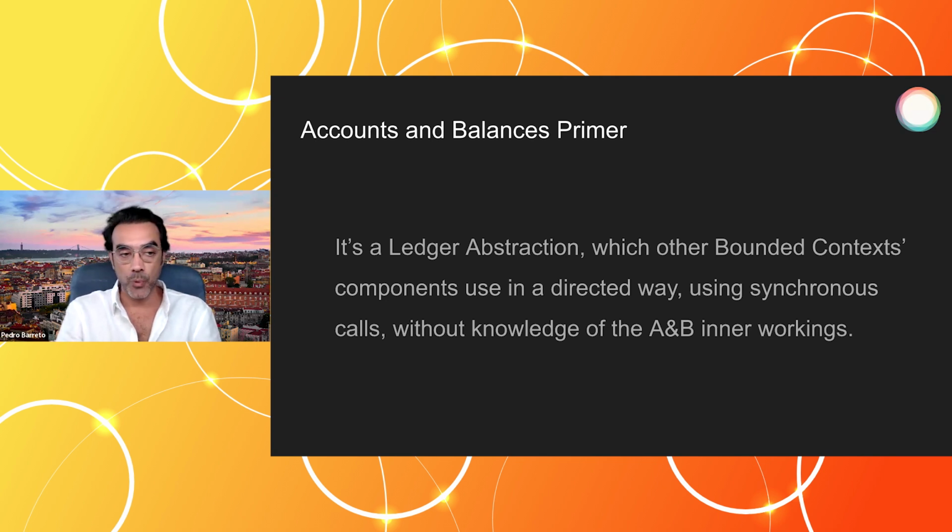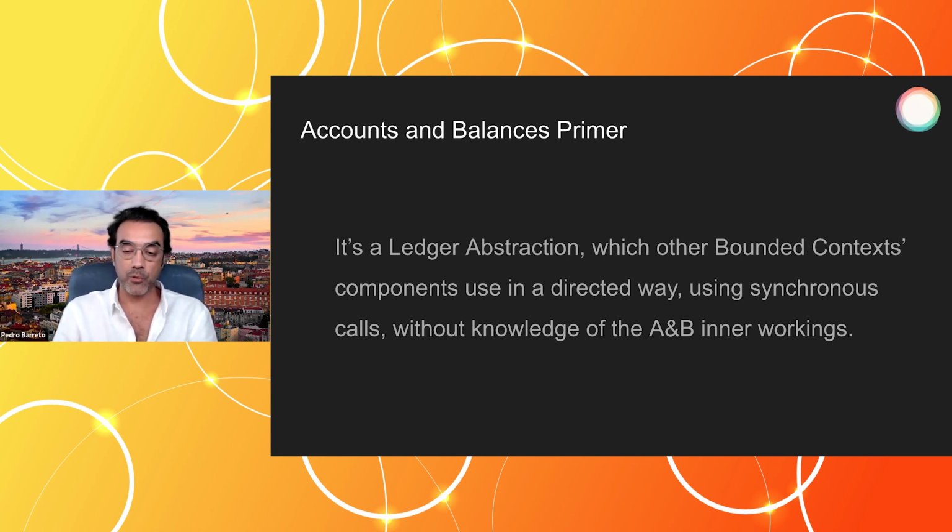And one of the parts that we have, which is also separated from the others, is the accounts and balances. So in essence, accounts and balances is a ledger abstraction. It means that other parts of the system, participants, transfers, settlements, for example, they talk to the ledger abstraction.